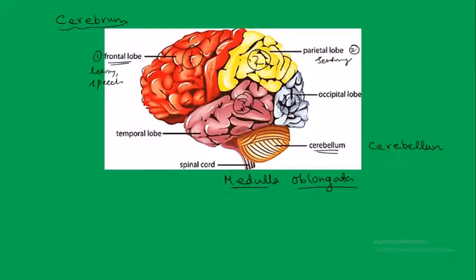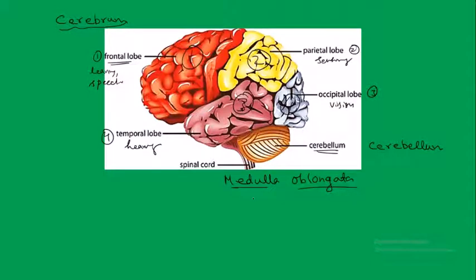The occipital lobe controls vision and color perception. The temporal lobe controls hearing, learning and feelings.